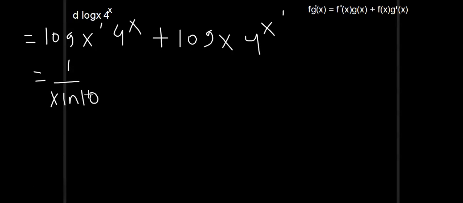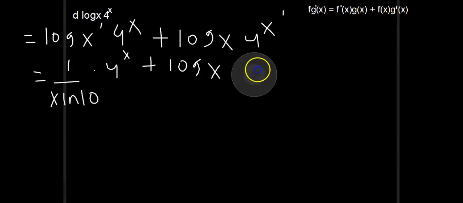So I derivated, and now I'm going to write 4 to the x plus log x, all times the derivative of 4 to the x. When you derivate 4 to the x, you get 4 to the x times ln 4.